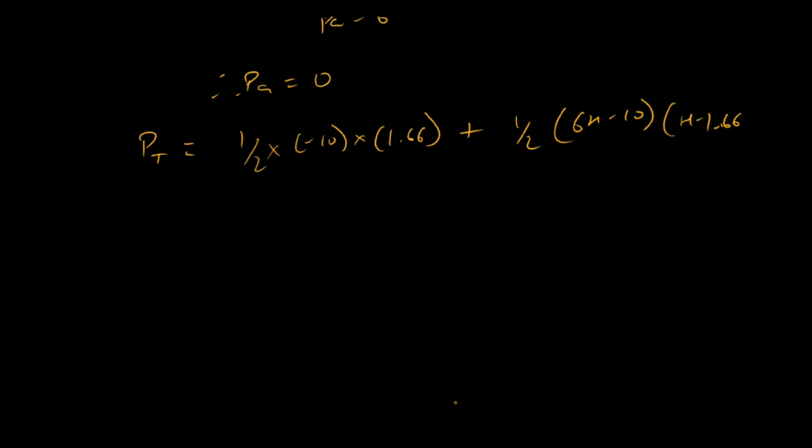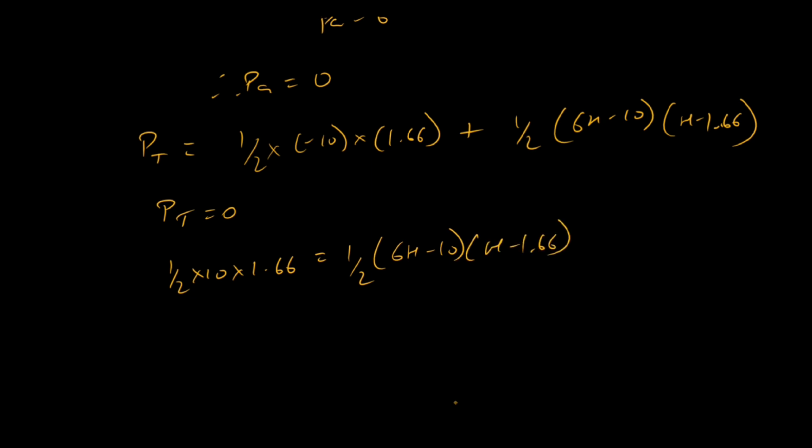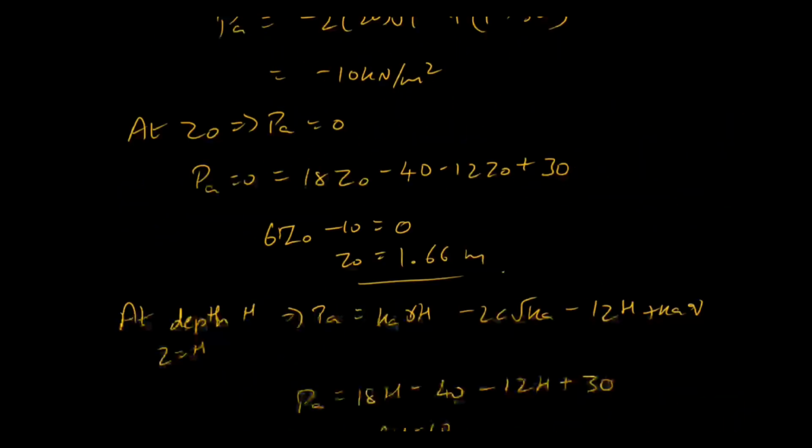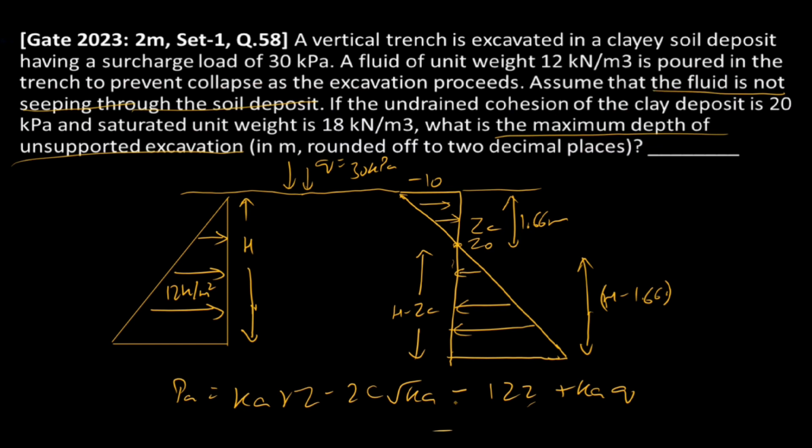So the total active earth pressure should be equal to 0. Therefore, 1 by 2 into 10 into 1.66 will be equal to 1 by 2 into 6H minus 10 into H minus 1.66. If we solve this equation, we'll get H as 3.33 meters. So the depth of unsupported excavation will be 3.33 meters.